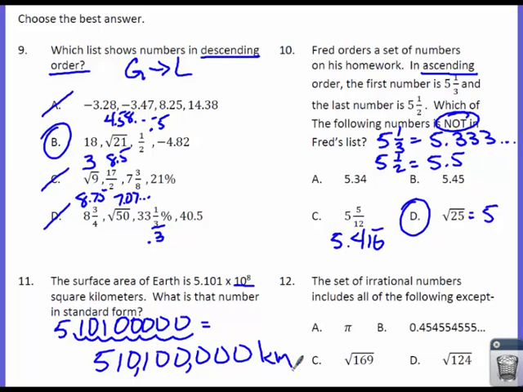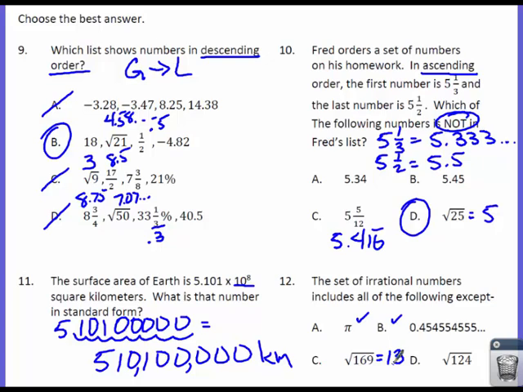Number 12. The set of irrational numbers includes all of the following except, well, we know pi is our most famous irrational number. Okay, then B here, we've got 0.45, 455, 45555. It looks like there's a pattern of repetition, but it's not a consistent pattern. So this number is an irrational number. Now, if you type in square root of 169 into the calculator, you find out that the answer is just plain old 13.